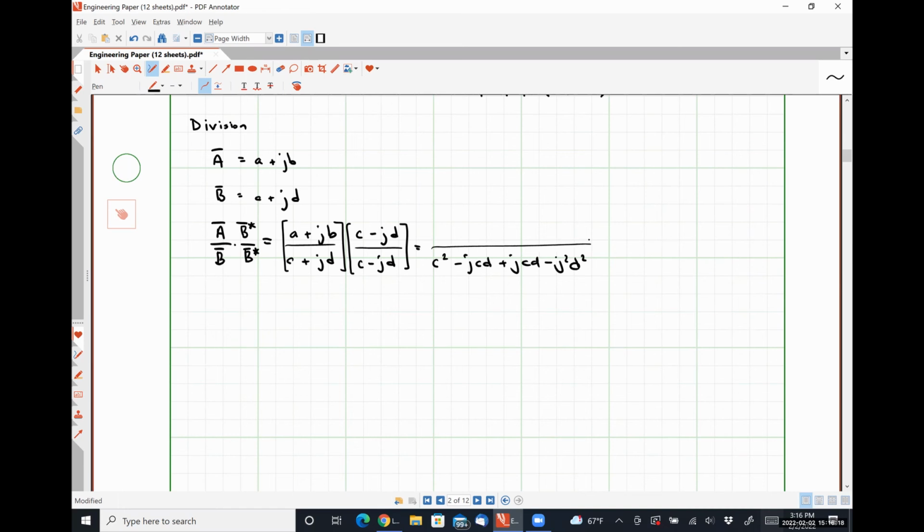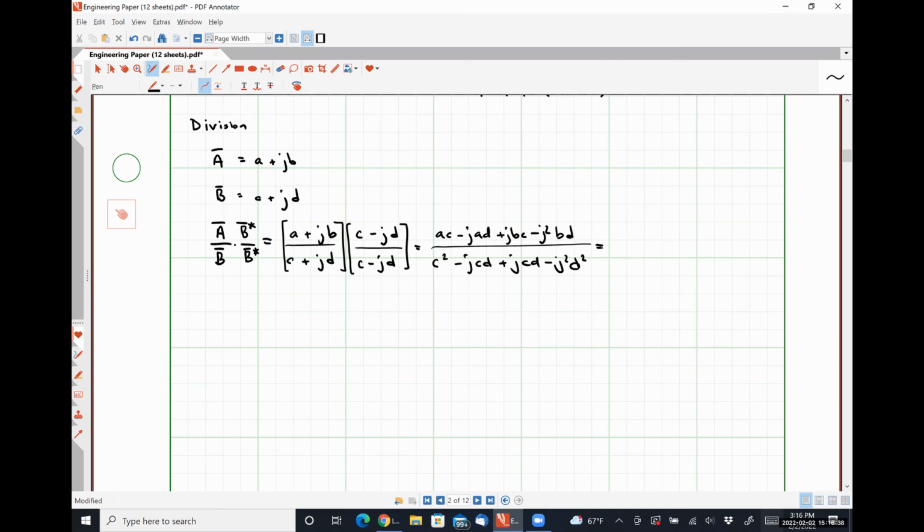In our numerator, this is going to look like ac minus jad plus jbc minus j squared bd.